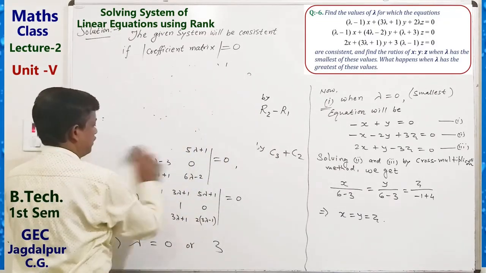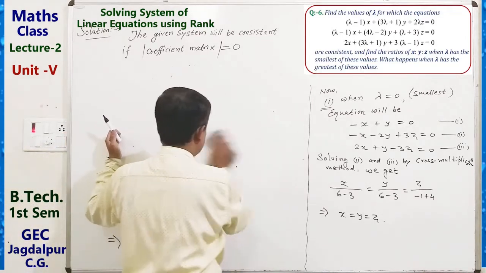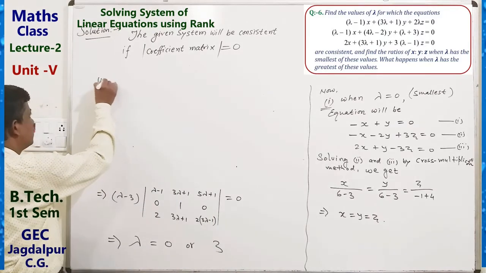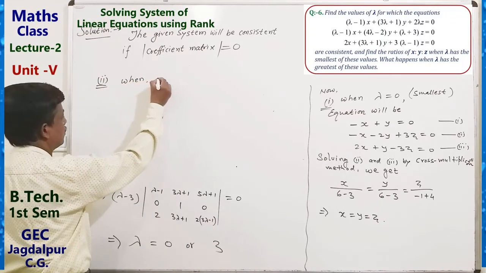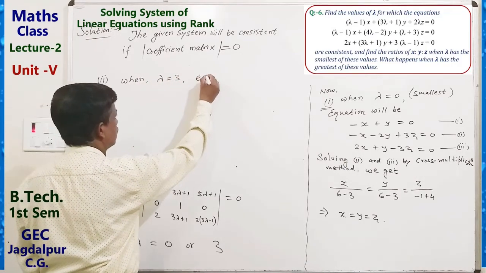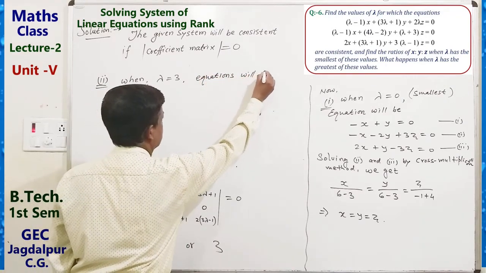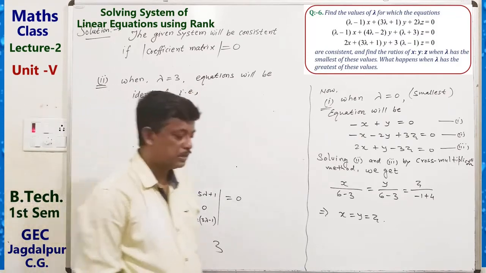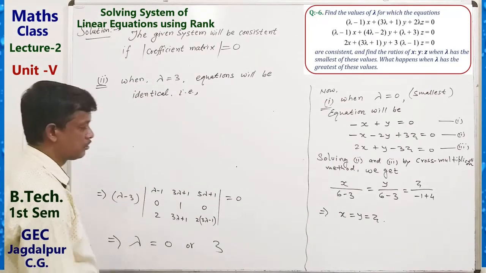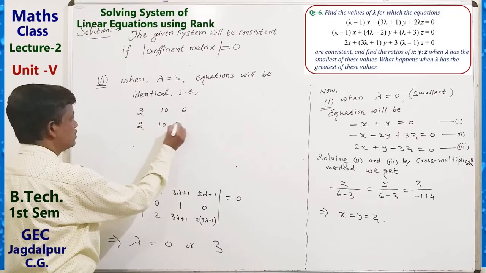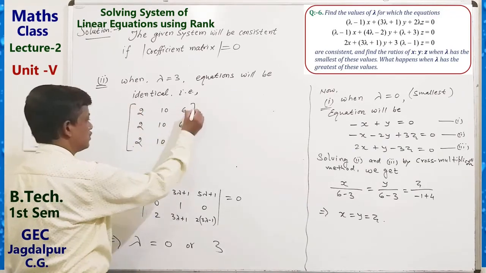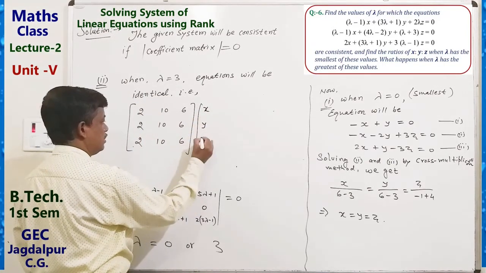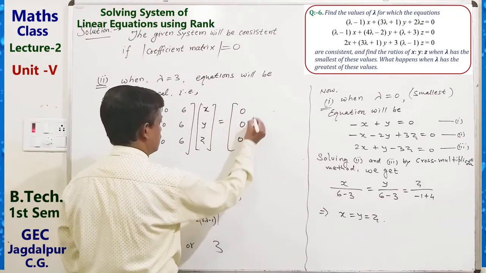And second, when lambda equals 3, the equations will be identical, that is the matrix with rows 2, 10, 6, times x, y, z equals 0, 0.